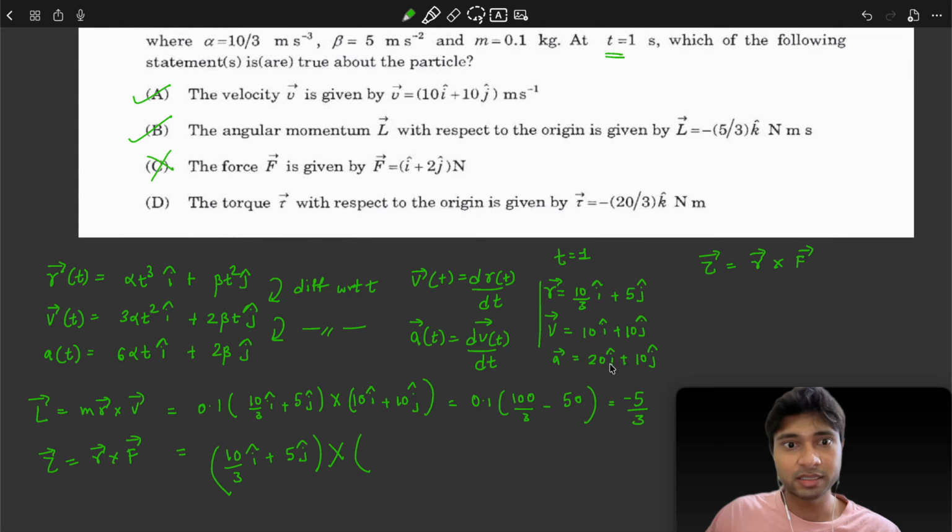Force is mass into acceleration. Since the mass is 0.1, I can write the force as 2 i cap plus 1 j cap.